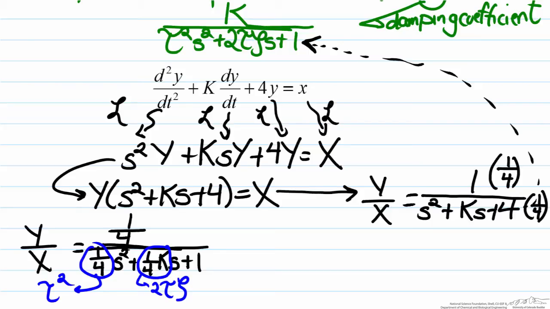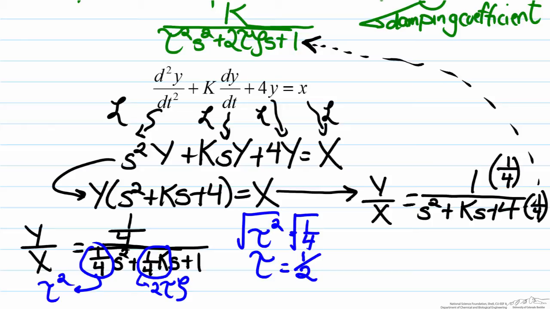From this, we can determine both tau, and the more important part in terms of determining stability and oscillatory nature of our process here, zeta. So we'll start with tau. We see that tau squared equals 1/4. So we take the square root of both sides and show that tau equals 1/2. For the sake of our standard form here, we assume that tau is always a positive value.